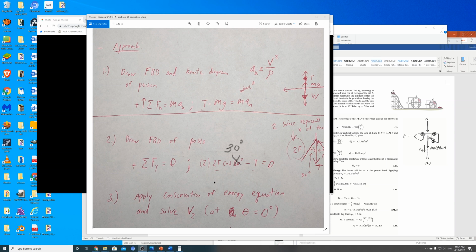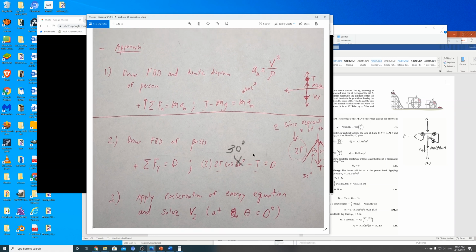Okay, the next thing we need to do is, if you look at these equations, the first one, I don't know what v squared is here, right? And I don't know what tension is. This is given. Well, this is just gravity. This is given. So I don't know v, and I don't know T, okay?